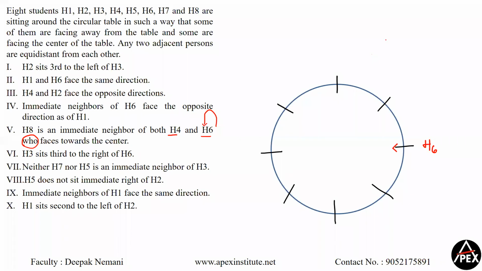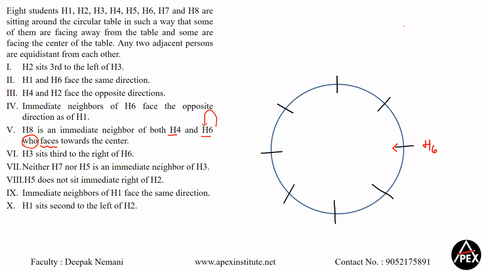Okay, then what about H4? H4 we do not know. Because if we had both H4 and H6 facing the center, it would be: H8 is an immediate neighbor of both H4 and H6 who are facing towards the center. But here faces is a singular verb, isn't it? You cannot say I and him goes to school. Faces is a singular verb, so it should represent only one person and that too H6.